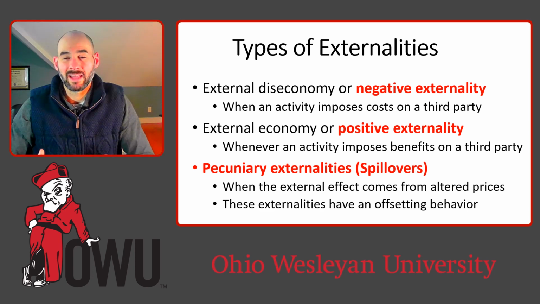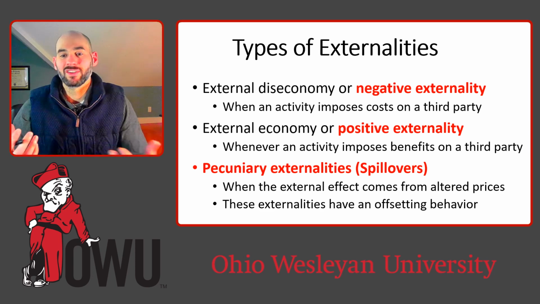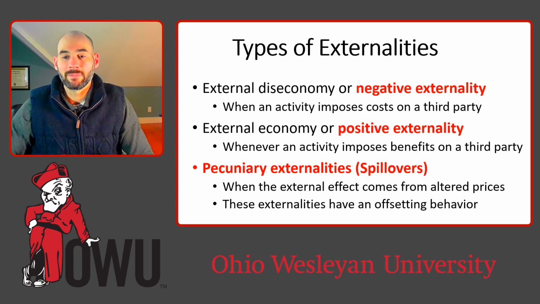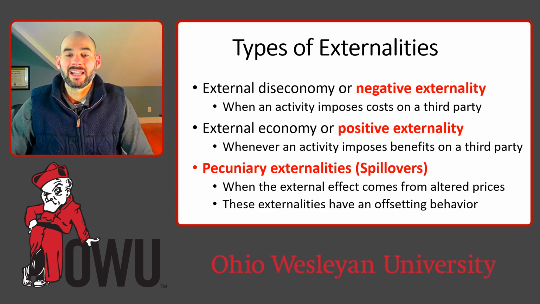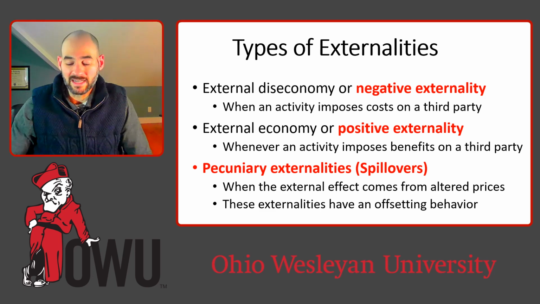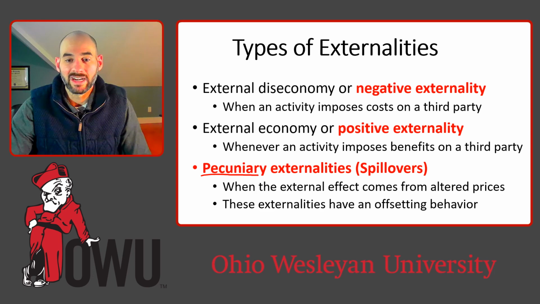And I think this is a little bit less intuitive, but especially given the pandemic, we can certainly think of an example of what a positive externality would be, and you may have even heard this be discussed in the news. We also want to consider these pecuniary externalities or spillovers that can either be positive or negative, but they're going to be specifically with regard to price, and that's obviously due to the word pecuniary here.